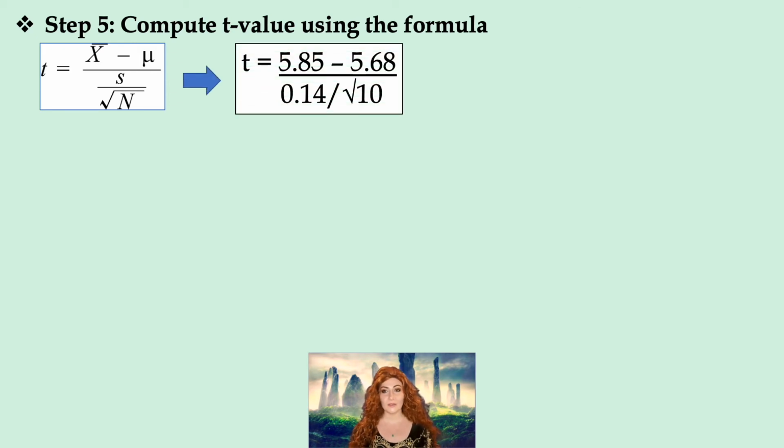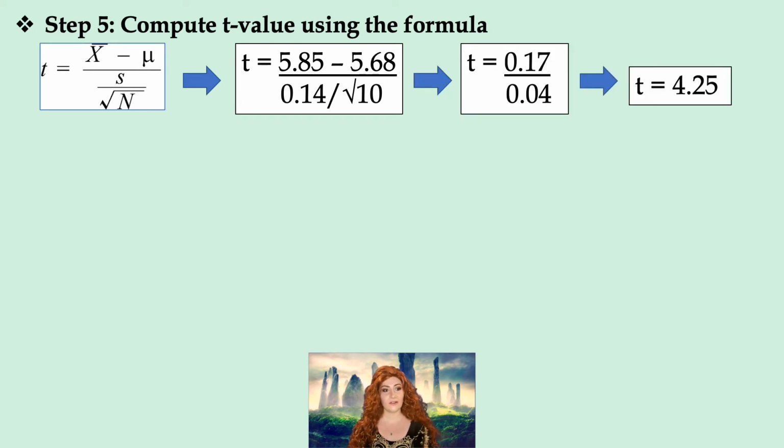Once we do that, we plug in the numbers 5.85 minus 5.68 divided by standard deviation of 0.14 over the square root of 10. Once we solve for that, we get a t value of 4.25. So our t computed value is 4.25. This is the value that we are going to compare to t critical.